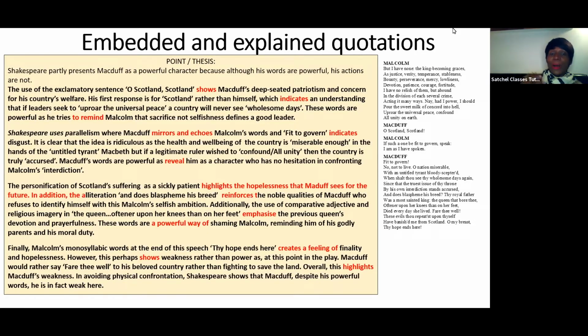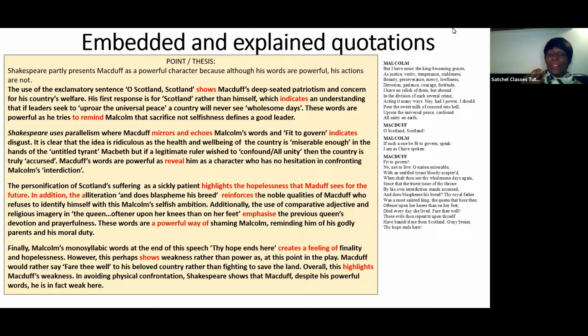These words are powerful as they remind Malcolm that sacrifice, not selfishness, defines a good leader. So I've used these embedded quotations. I've explained them: shows, indicates, reminds, and I've explained why they indicate, why they show his power, and referring back to the question again and again.